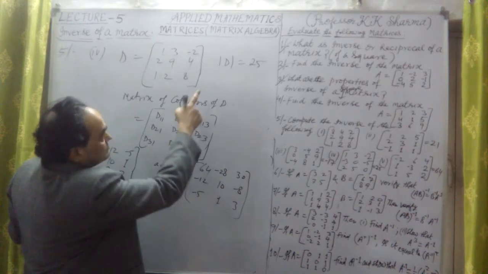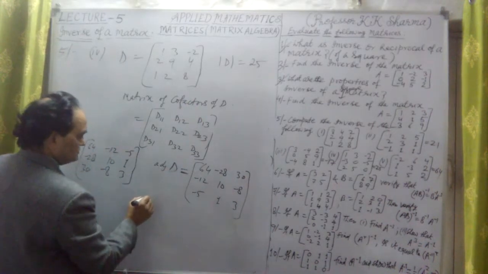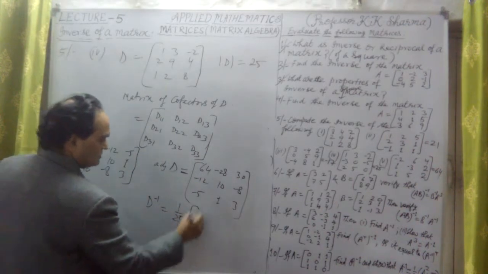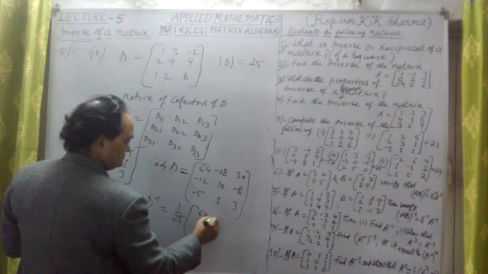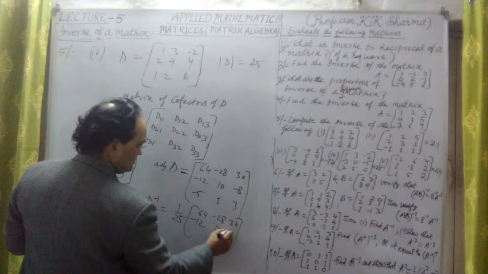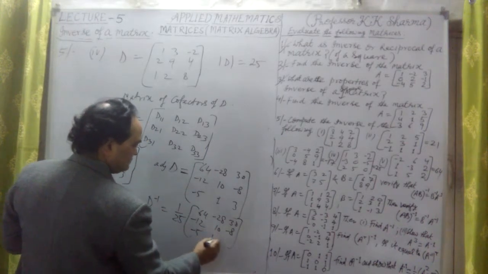Dividing by the determinant value 25, therefore A inverse is 1/25 times this adjoint: 64, minus 28, 30, minus 12, 10, minus 8, minus 5, 1 and 3.